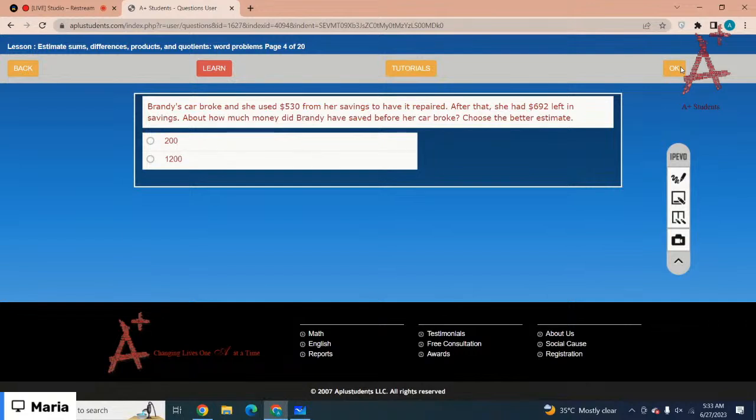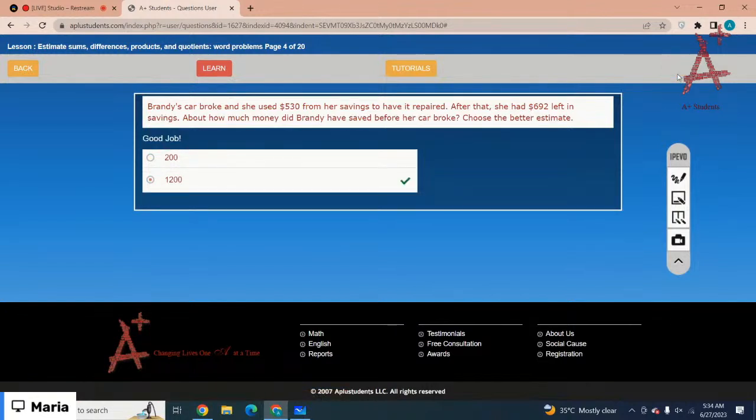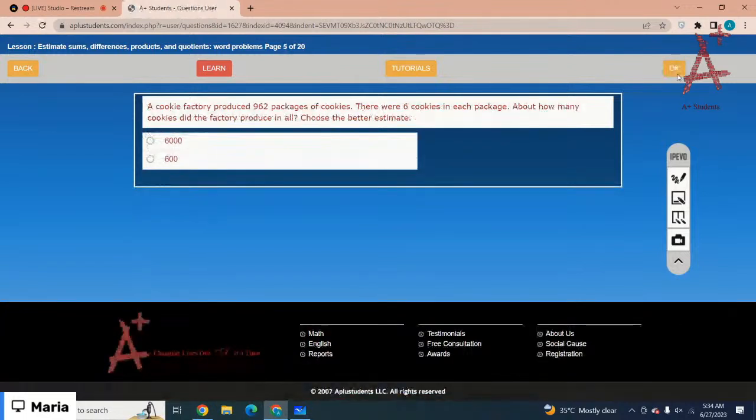So you have to add both the numbers, but you have to round them off. 692 is rounded off to 700, and 530 is rounded off to 500. So 700 plus 500 makes 1200. That means before her car broke, she had $1200 in savings.